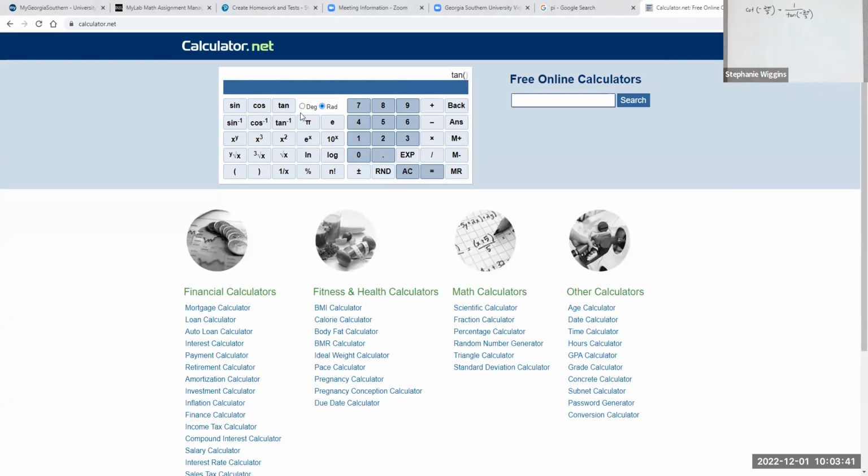Then I take tangent of 2 times pi divided by 3, and I've got to change the sign. And I get 1.7321, but I'm going to take the reciprocal of that because I really want cotangent, which is the reciprocal of tangent. So it's 0.5774 if you round it.